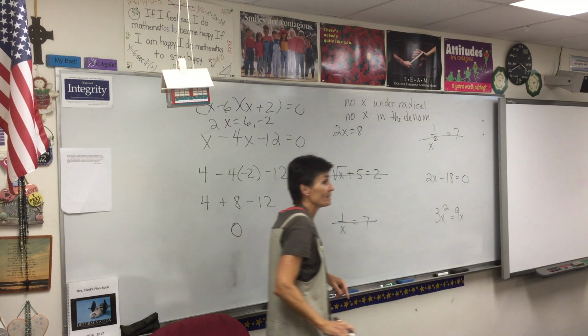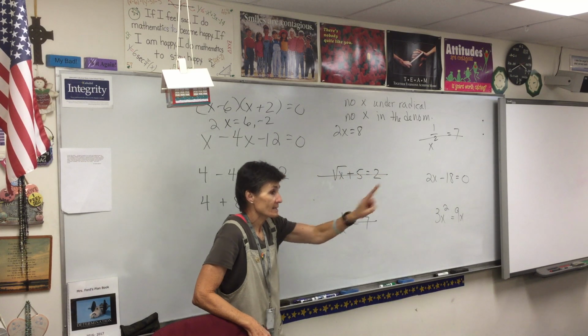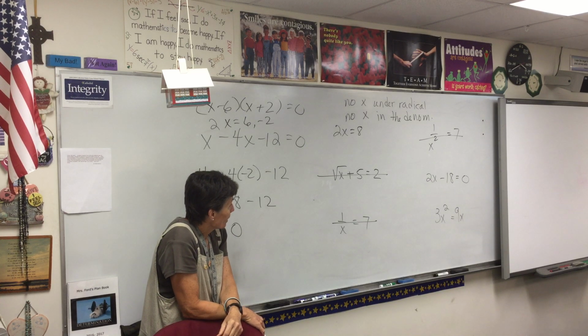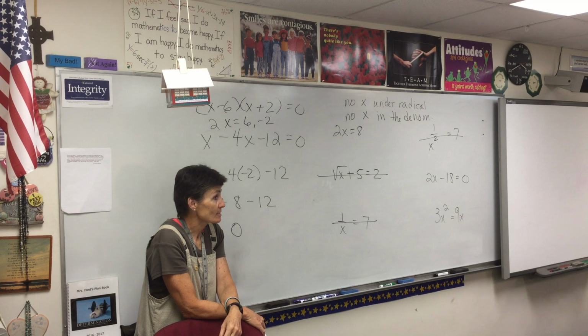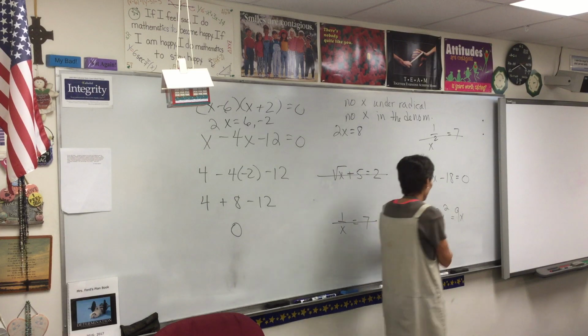If you are going to be linear, x can't be under a radical, x can't be in the denominator. All right. Anybody see anything else that's not linear? Have fun, go for it. You're looking at it. F. Not linear. Why not?